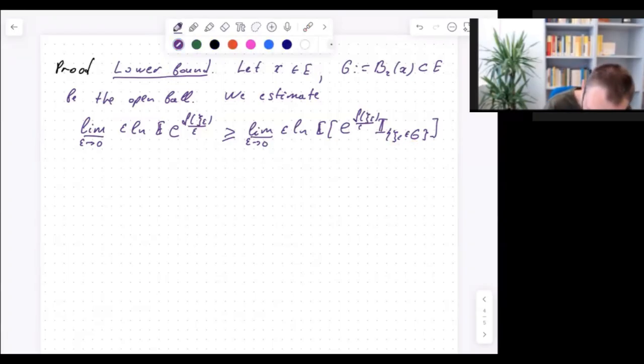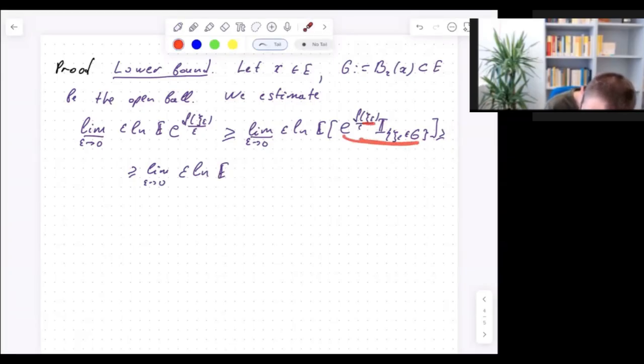over all points y from G. So we will have the following. It is larger or equal than the lim, epsilon goes to 0, epsilon logarithm of the expectation, and then this exponent which is here is the exponent of f of psi epsilon, but you see now this expression is not 0 only when psi epsilon belongs to G. Therefore you can estimate this by the infimum over G of e to the power f of y divided by epsilon.